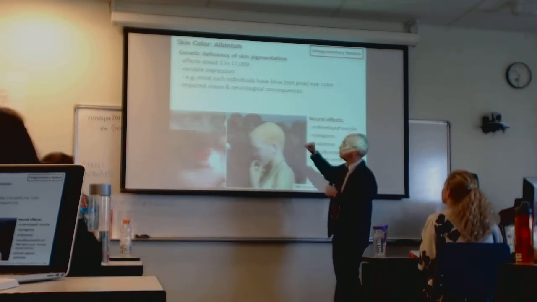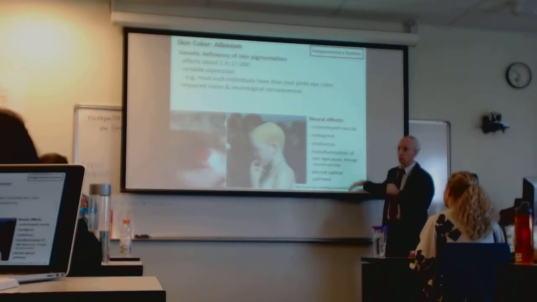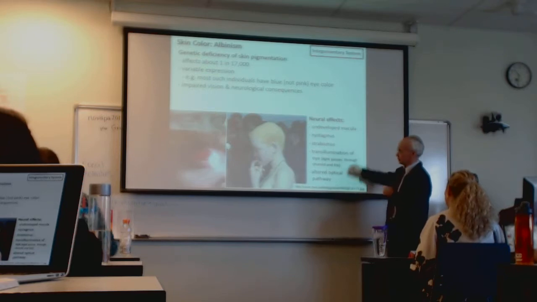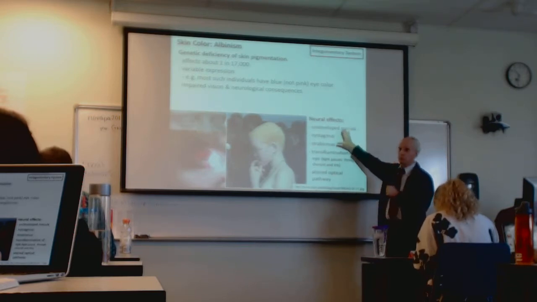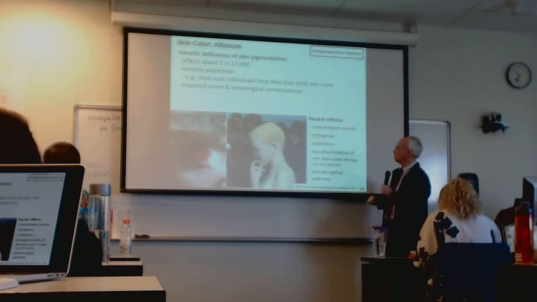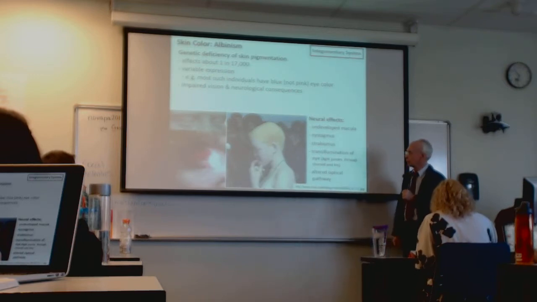It is often the case that albino individuals suffer a variety of neurological issues as well, visual and neurological issues. Vision may or may not be impaired. They usually have blue retinas, not pink, by the way. There may be problems with motor regulation of the eyes. That's not uncommon. They'll often have trouble perceiving color correctly.